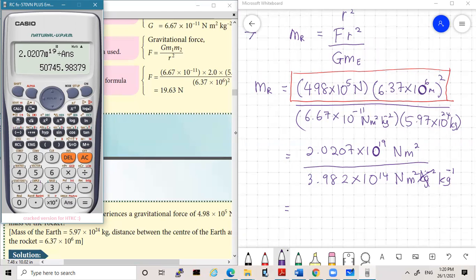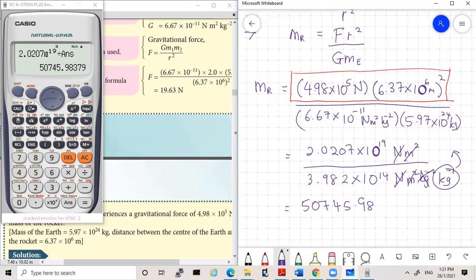So it is equivalent to 50745.98. The unit: N cancels out, m square cancels out, kg minus 1 we bring above, it becomes kilogram. So it is the unit for mass.